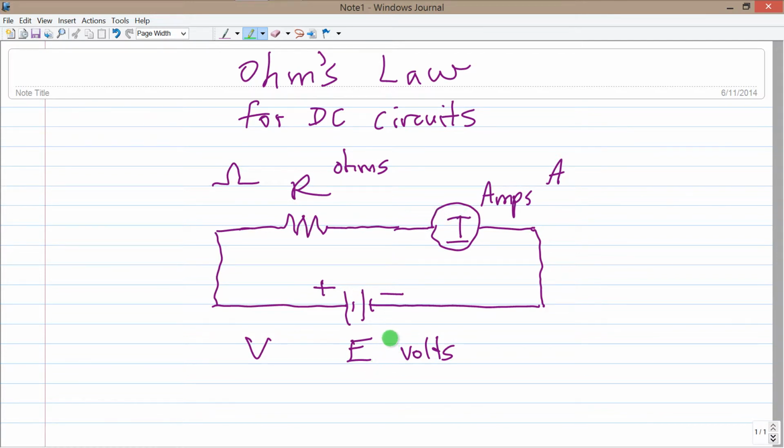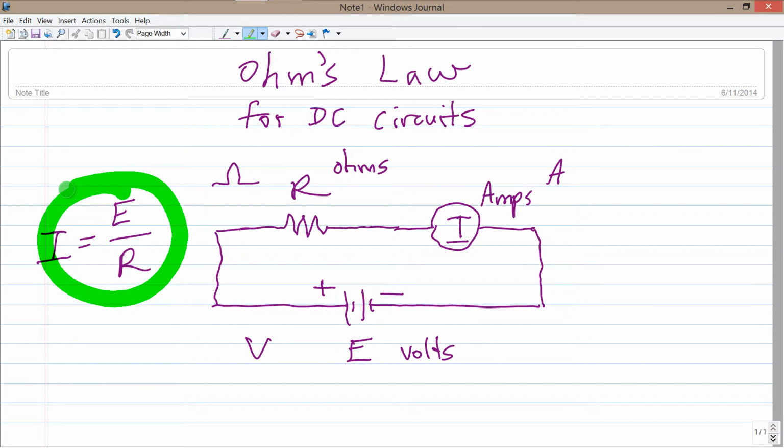And again, you are also right. In fact, current in amperes equals voltage in volts divided by resistance in ohms. And that is the formula that you will usually see as the fundamental formula for Ohm's law. The current in amperes equals the voltage in volts divided by the resistance in ohms.